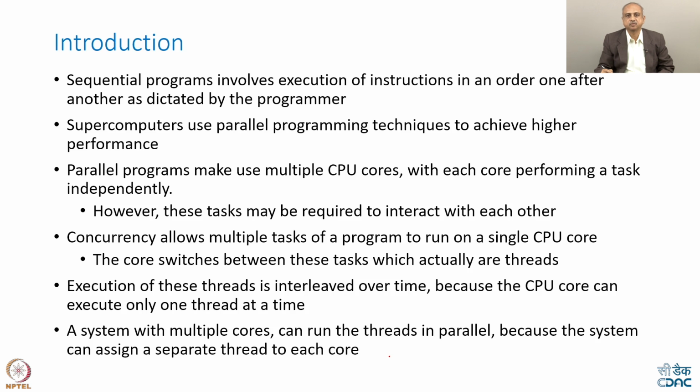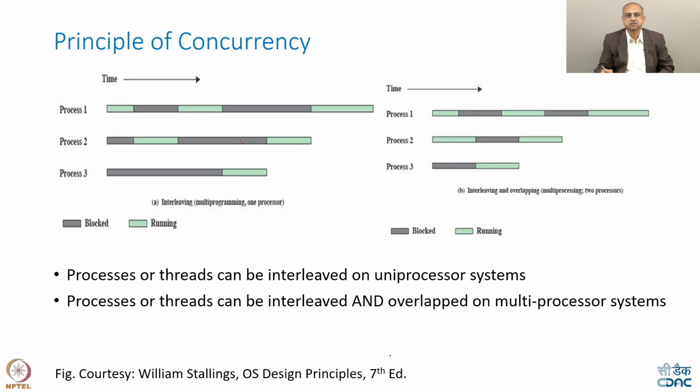In cases of systems which have CPUs with multiple cores, these threads need not run on a single core, but they can run on multiple cores and they will run in parallel, because the OS can assign a thread to a core. So, let us look at how this works in two cases.